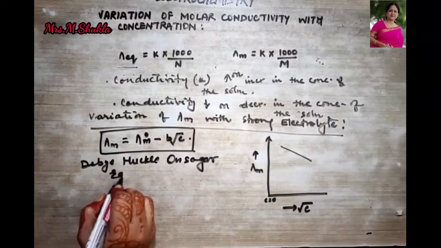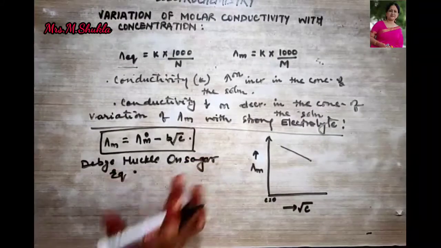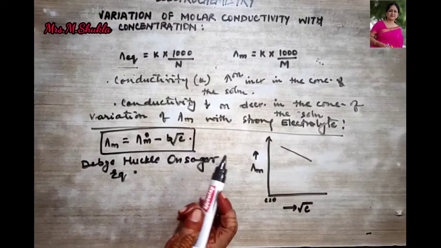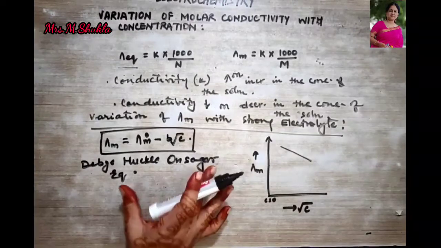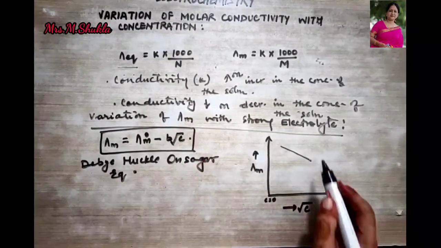What is this called as? This is called the Debye-Huckel-Onsager equation.